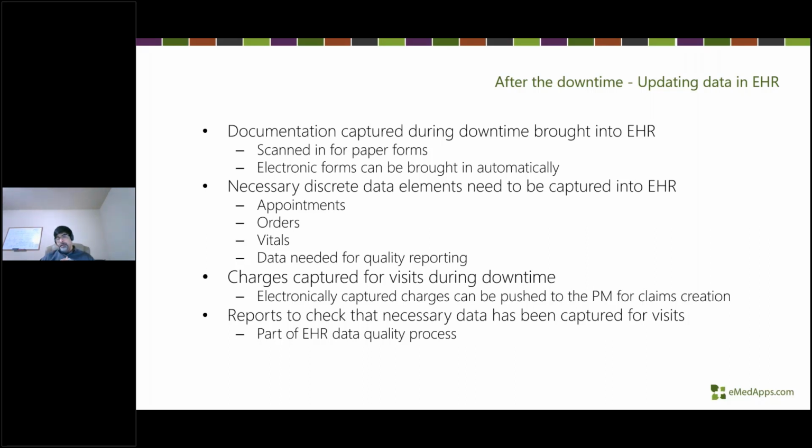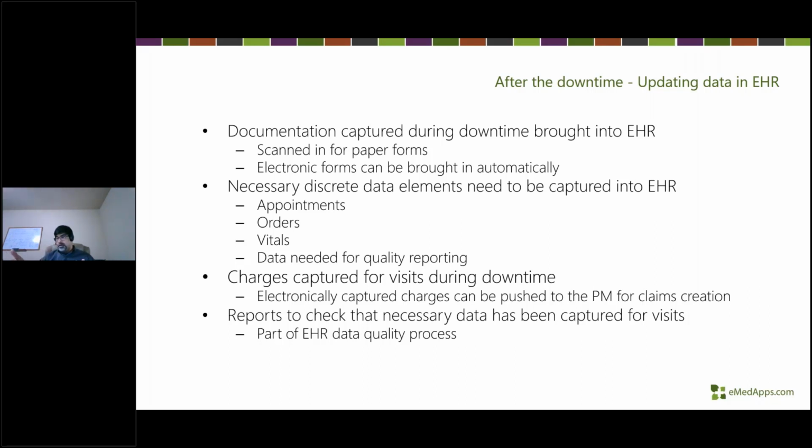The first thing you want to do is to document the documentation that was captured during the downtime. You want to make sure that that's brought into the EHR. So if they're paper forms, you want to make sure those get scanned in to the EHR so they're available for your team to use. Multiple team members can access that form, and this really facilitates putting the data that needs to be in the EHR back in there.